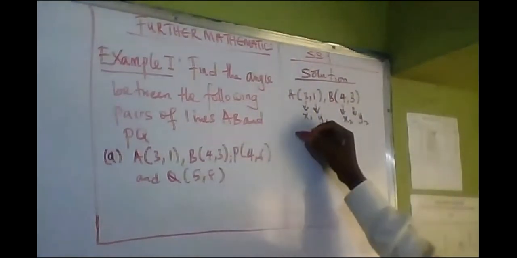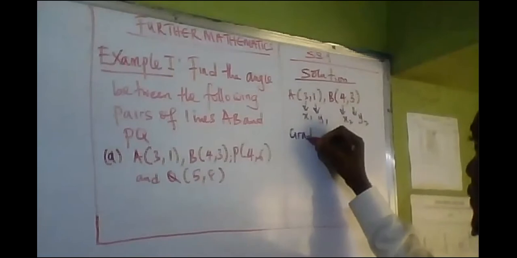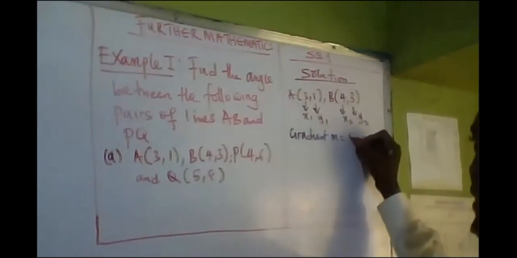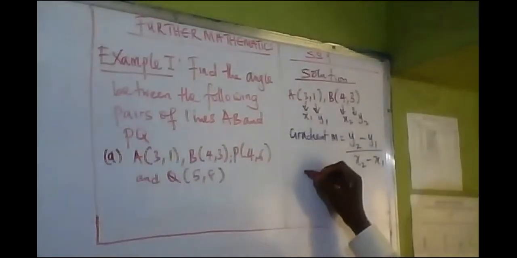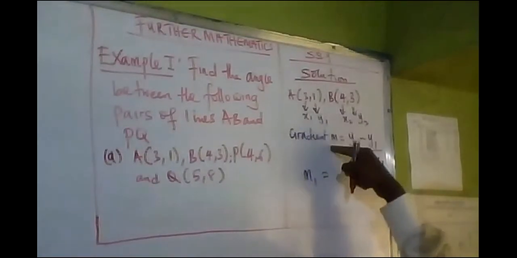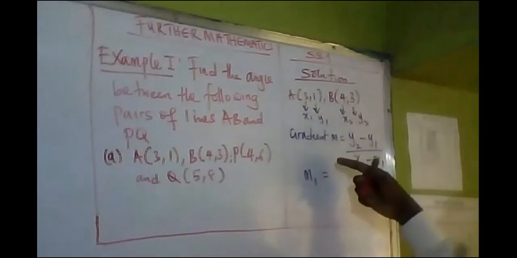Our formula for gradient m is given as y2 minus y1 all over x2 minus x1. So we get our first gradient, m1. What's our y2?